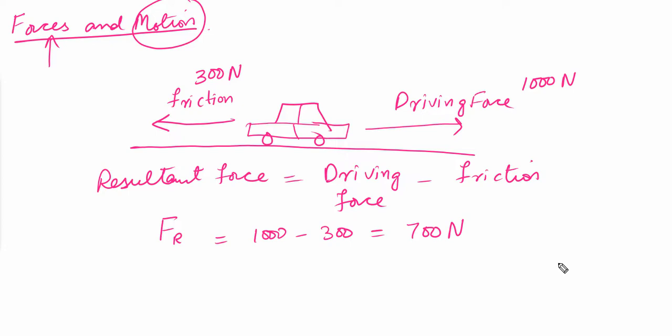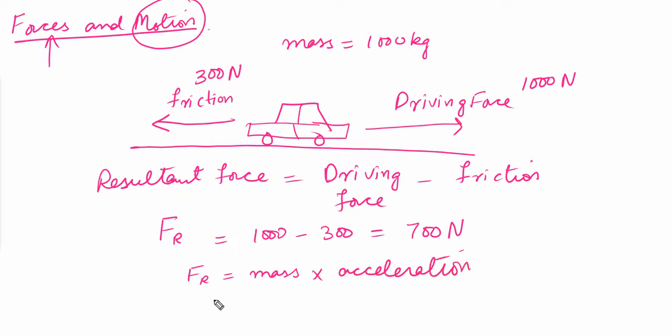Now from this resultant force we can also find the acceleration of the car if we have been given the mass of the car. Let's suppose the mass of the car is 1000 kilogram. We can use a formula according to Newton's second law, which says that the resultant force is equal to the product of mass and acceleration.